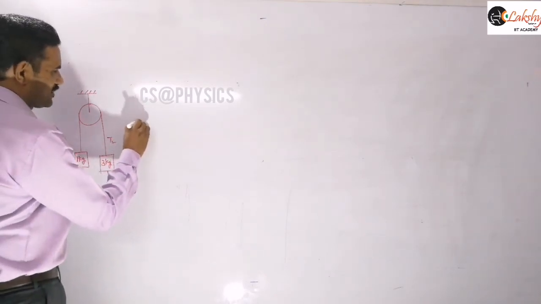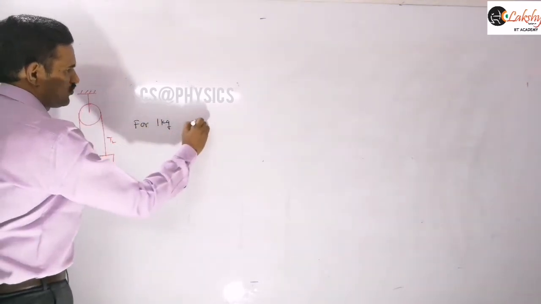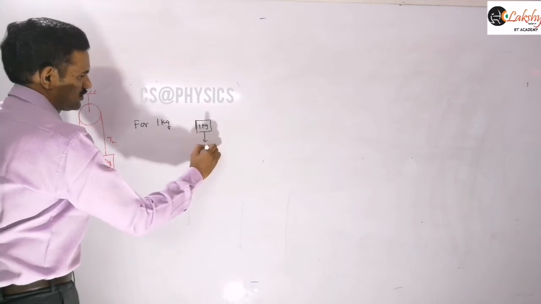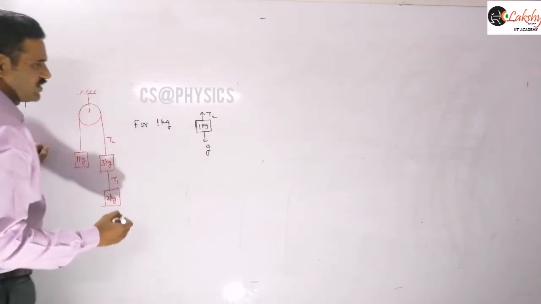So for the 1 kg block, the weight 1g will be there in downward direction and tension T2 is there in upward direction.